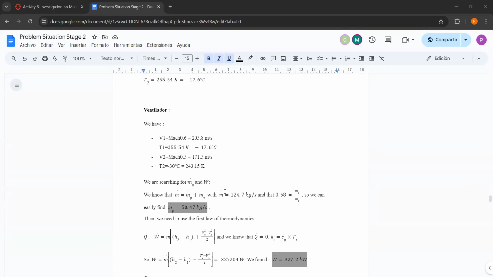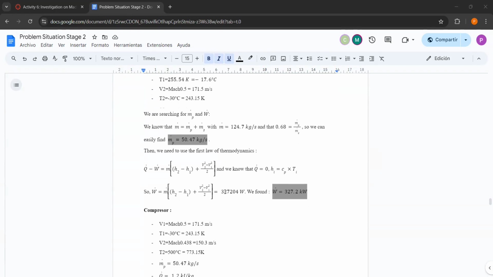So after we use the first law of thermodynamics, we found the work done, which was 327 kilowatts.